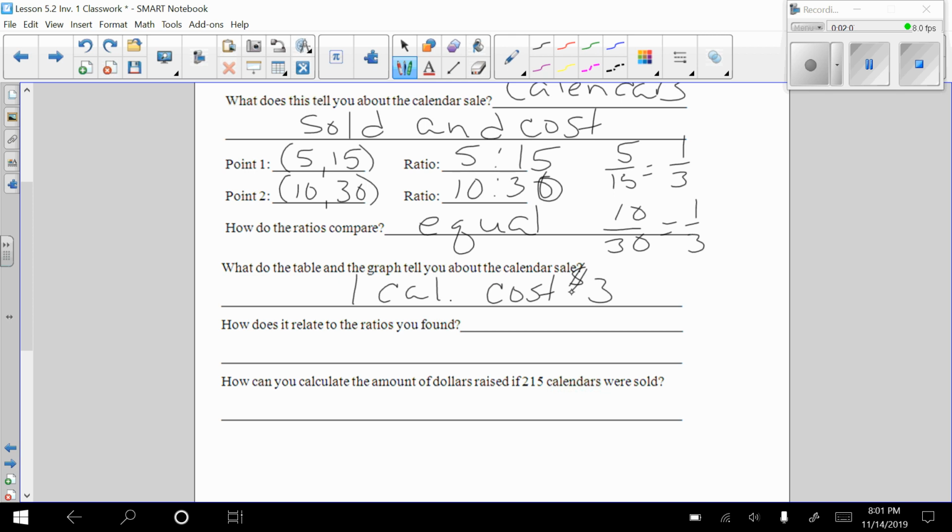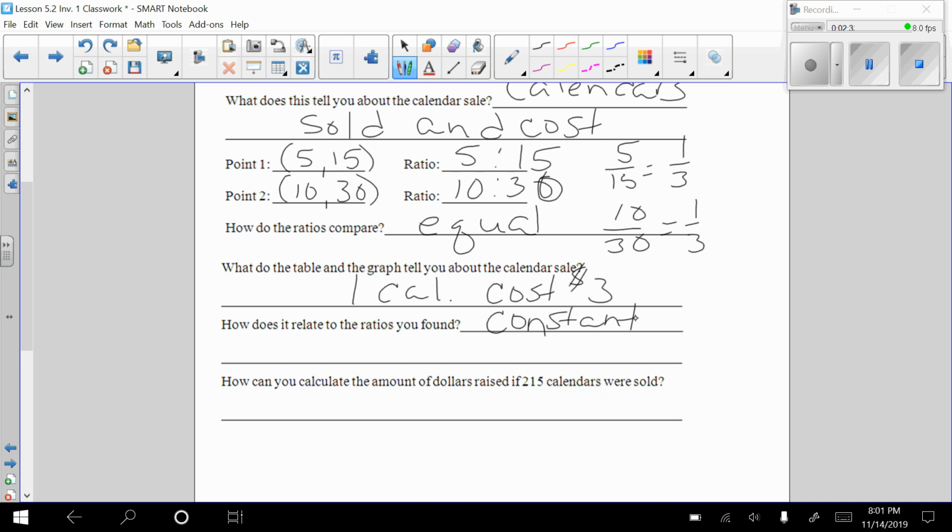And how does that relate to the ratios you found? Well, they are a constant rate of change is what it's called. As the number of calendars increases, the cost increases. So they are constant. That is something that you'll hear a lot about. Constant change means as one goes up, the other goes up the same amount.